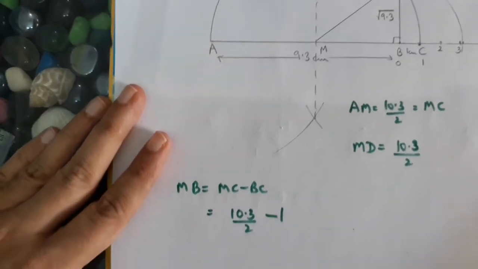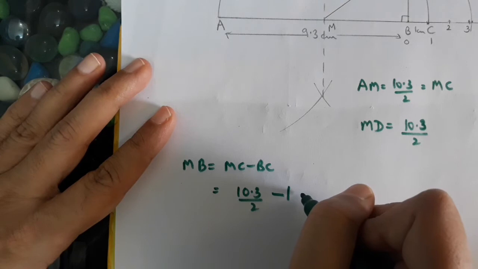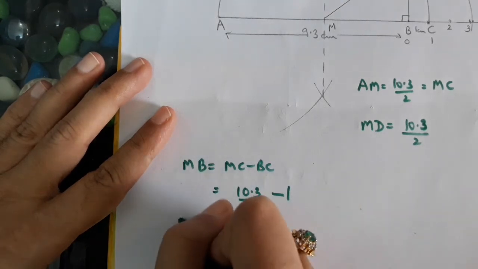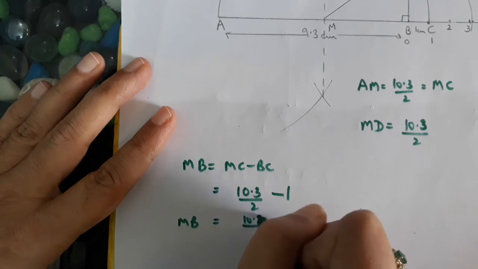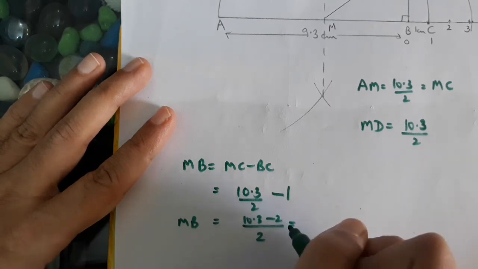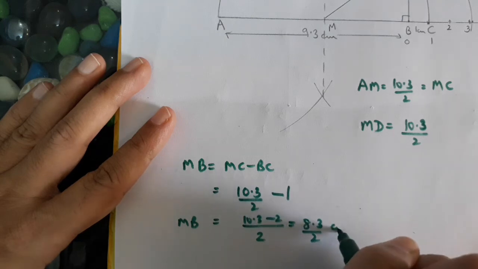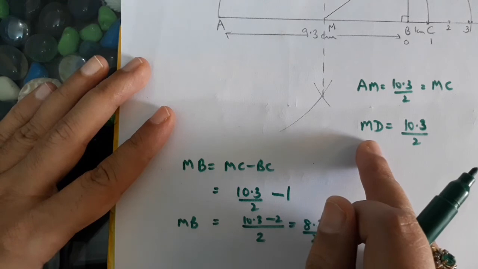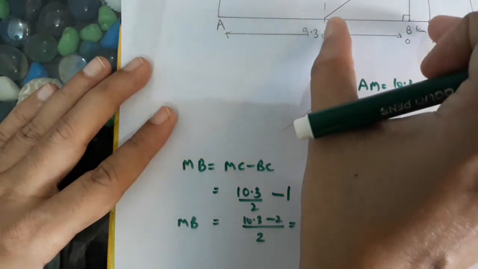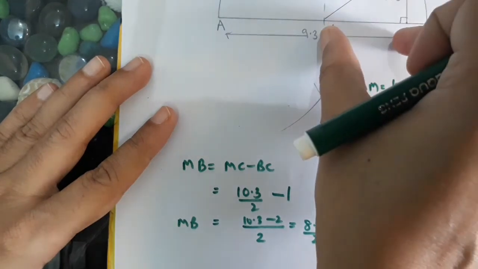So this comes out to be 10.3 by 2 minus 1 centimeters, which we simplify. Over here MB comes out to be, we take 2 as the LCM, so 10.3 minus 2, which comes out to be 8.3 by 2 centimeters. So we have obtained the value of MD and we have obtained the value of MB.